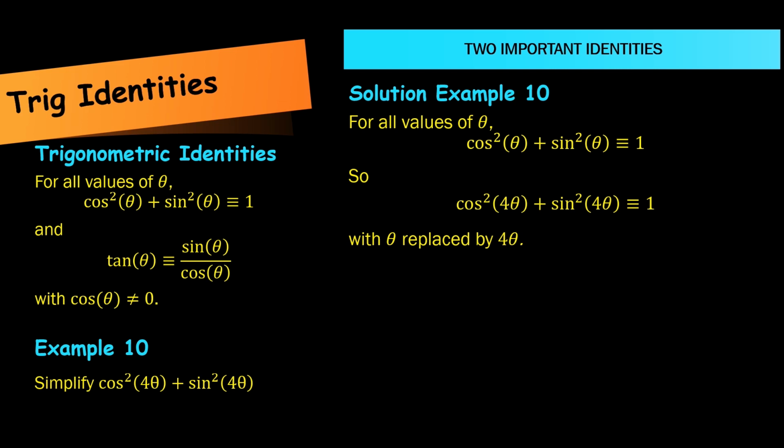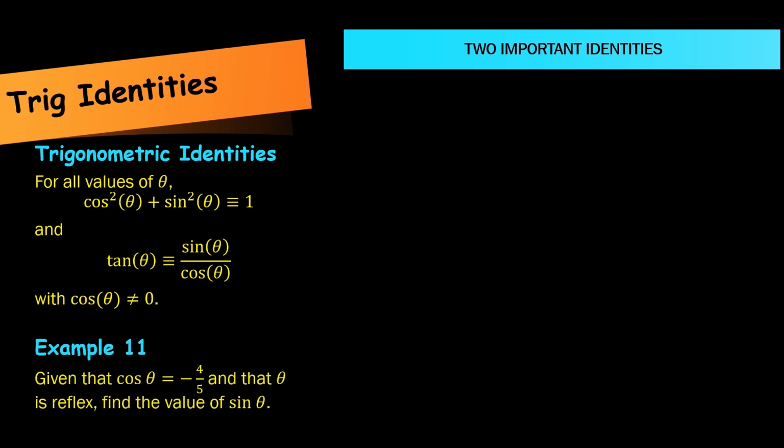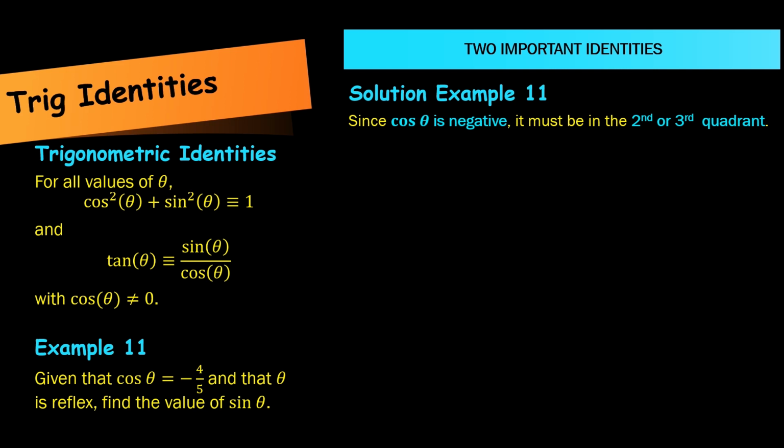Now let's take a look at another example. Pause the video and have a go. Press play when you're ready to view the solution. So in this example, given that cos theta equals minus 4 over 5 and that theta is reflex, we are required to find the value of sine theta. So let's solve this. Now since cos theta is negative, it must be in the second or third quadrant.